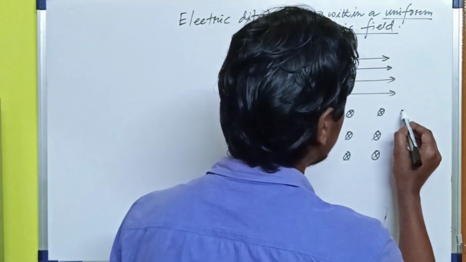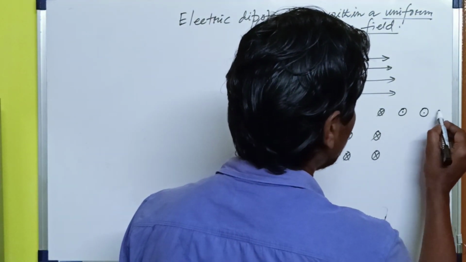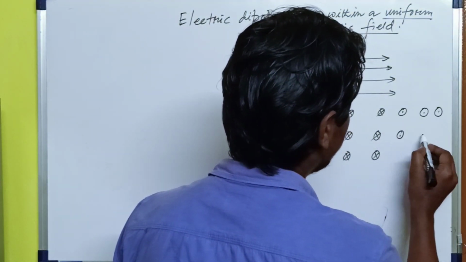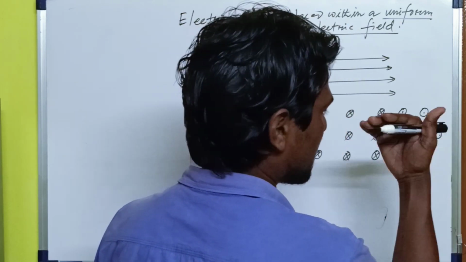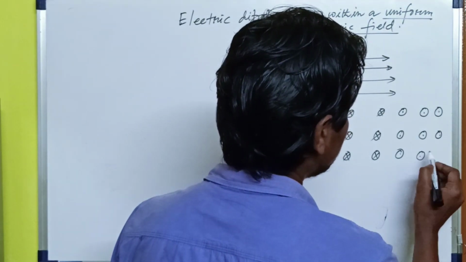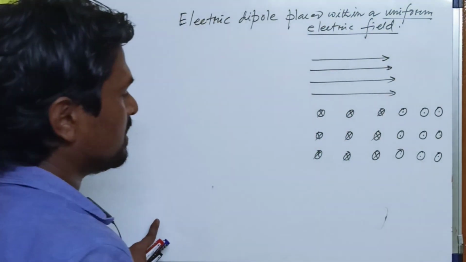And if it is outward towards the viewer, towards the reader, as when we read a book, then it is represented by dots.